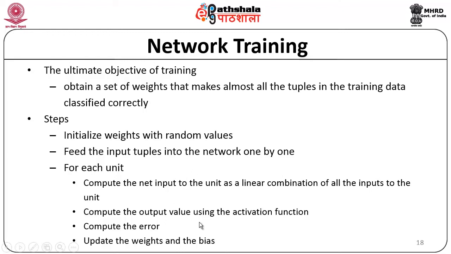Based on the net input, calculate the net output, quantified using an activation function. Compute the error, based on the input and output. Now, this error must be fed back to the system for the purpose of updating the weights. So, the weights and the bias values are updated in each and every iteration, and this is how learning happens.